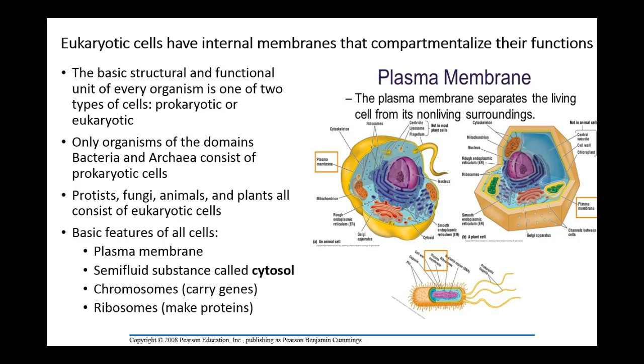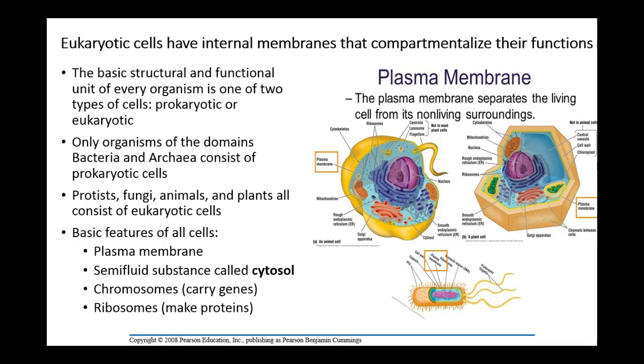And it's the eukaryotic that have membrane-bound organelles. Those are your protists, your fungi, animal cells, and plant cells. Bacteria and archaea are in the prokaryotic category.